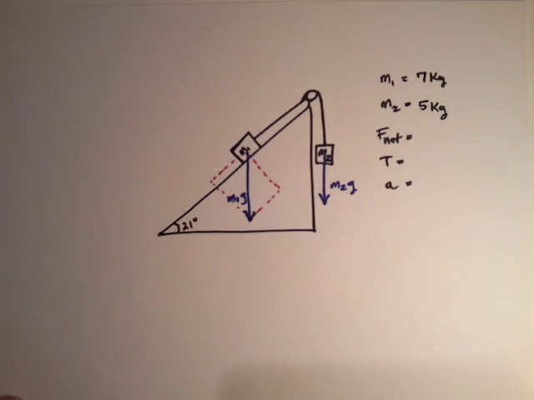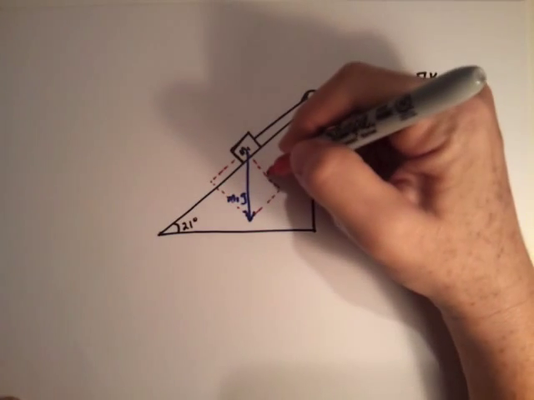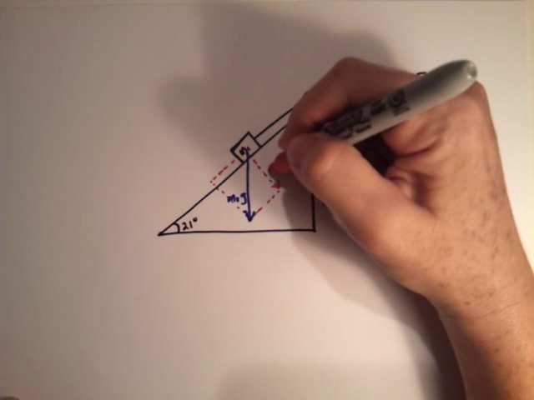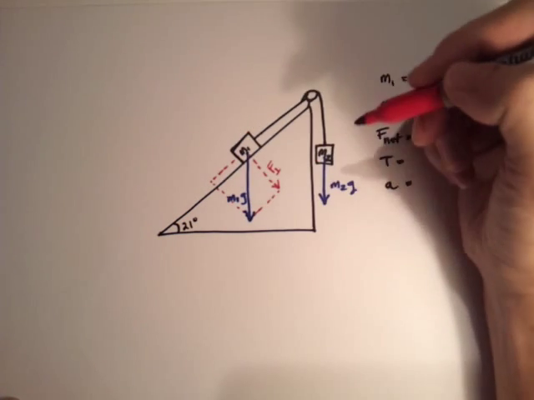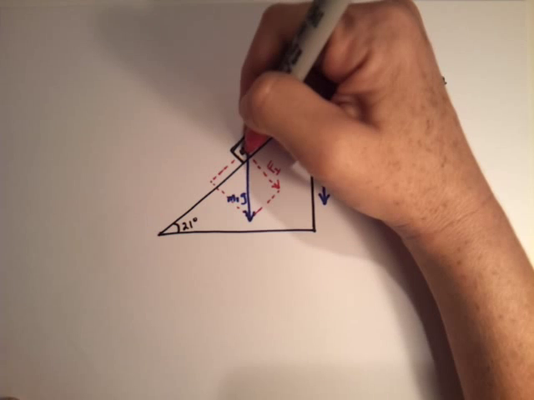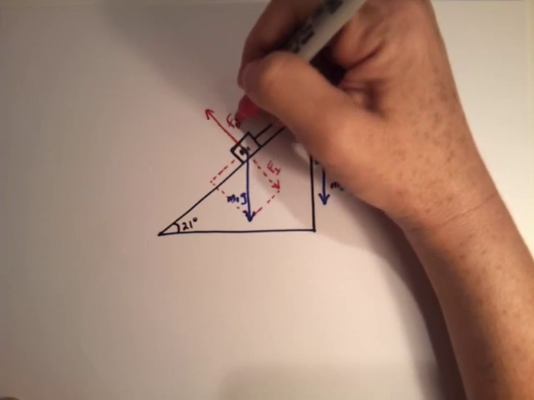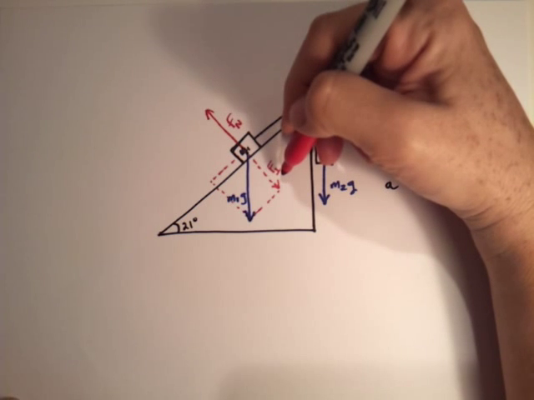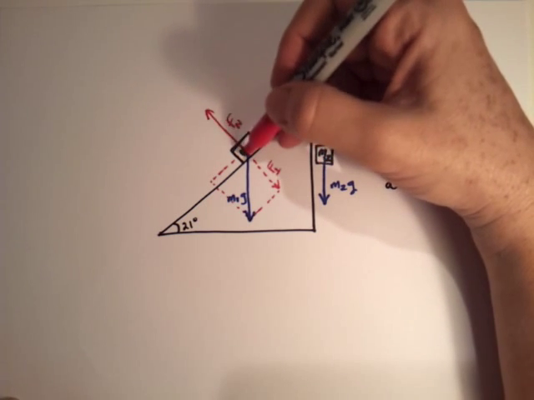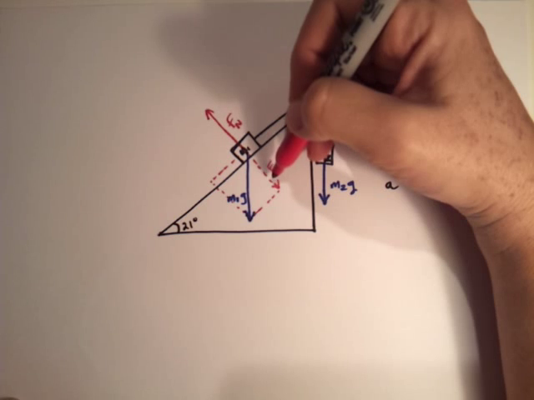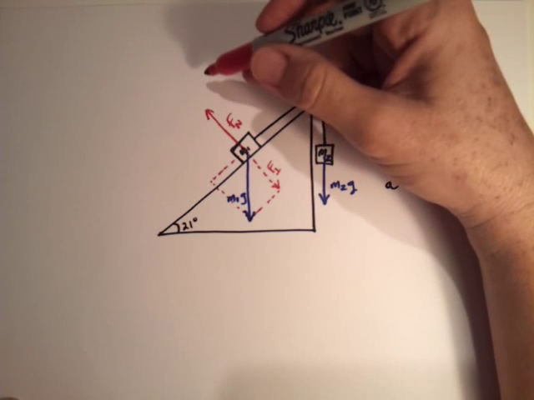Like that. This is going to be considered my F perpendicular. I've got my normal. I know these are equal because the mass isn't sinking into the inclined plane. The mass isn't levitating off the inclined plane.